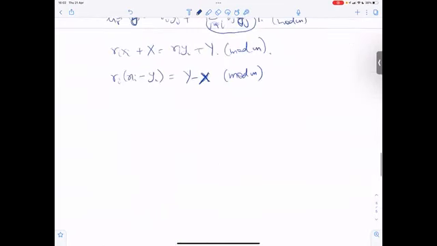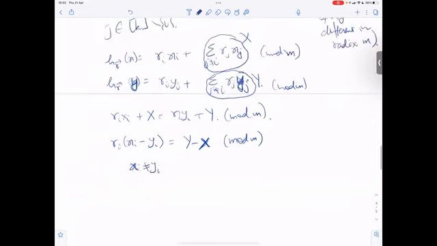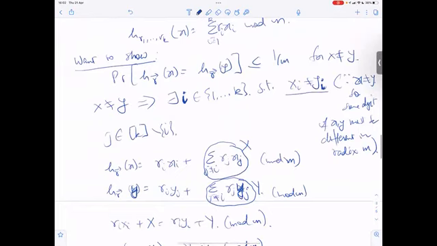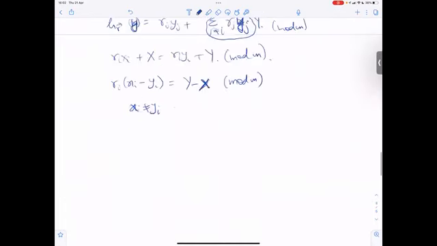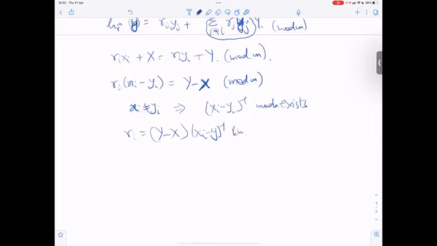Also, small xi is not equal to small yi by assumption. i has been picked this way. So this means that (xi minus yi) inverse mod m exists. xi minus yi is invertible modulo m, which means that Ri is equal to (Y minus X) times (xi minus yi) inverse modulo m. Correct? Are you with me?